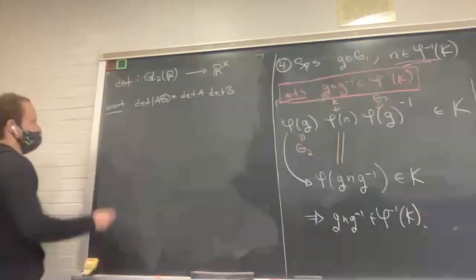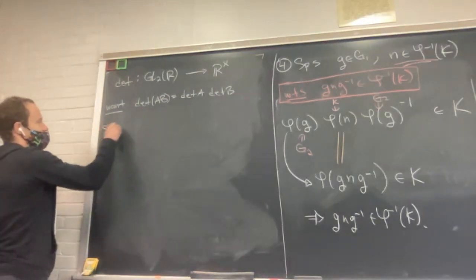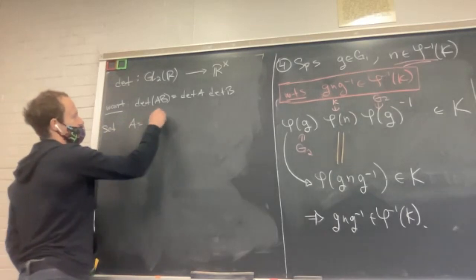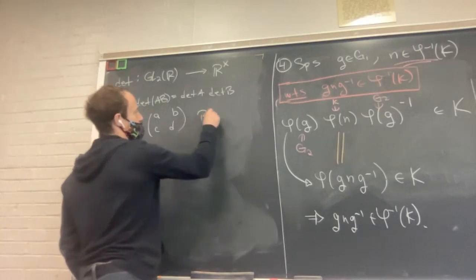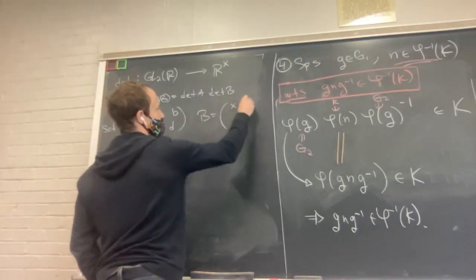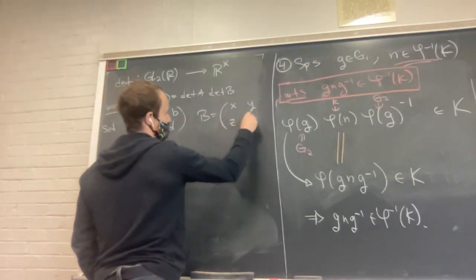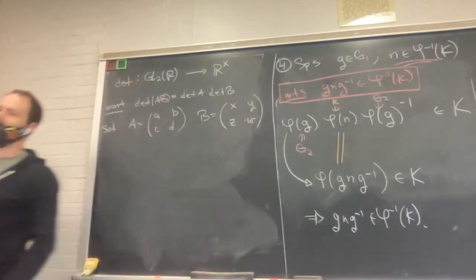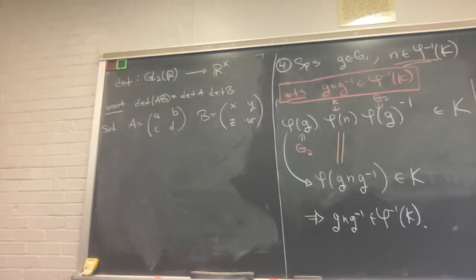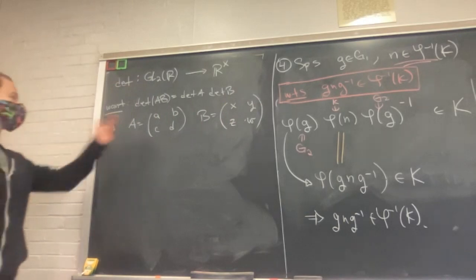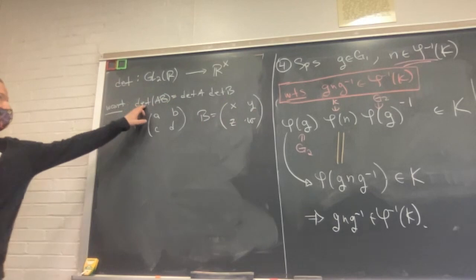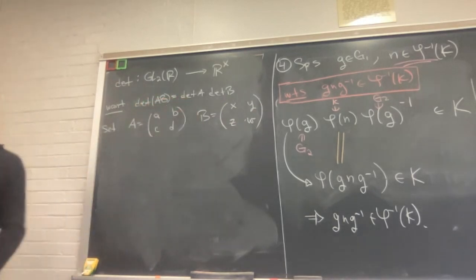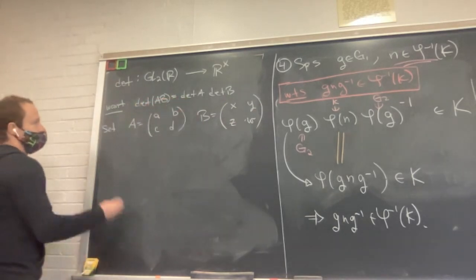So let's do that. Let's set A equal to the 2 by 2 matrix A, B, C, D, and then set B equal to the 2 by 2 matrix X, Y, Z, W. You could use anything you want, really. Now essentially we want to calculate the left and right-hand sides of our goal equation and make sure they're the same.